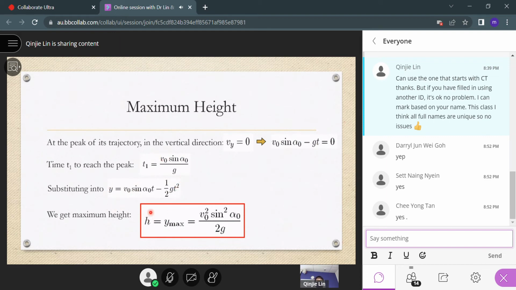When you put it in, you get a distance value. That value will be your maximum height, because we already set this criteria at the start. So this h, or rather this y value, will be your maximum height.